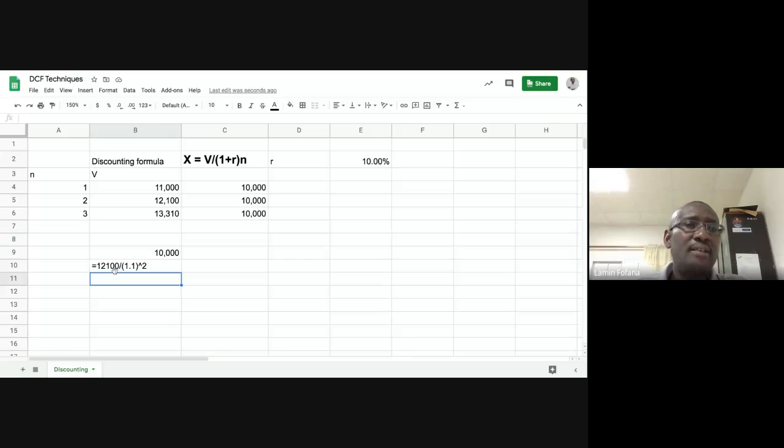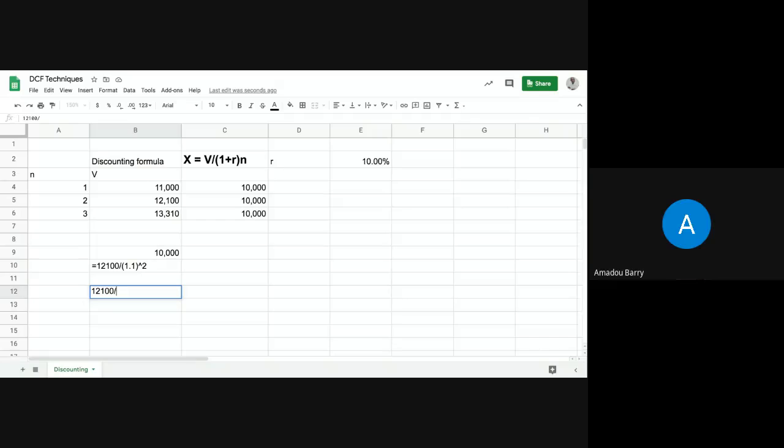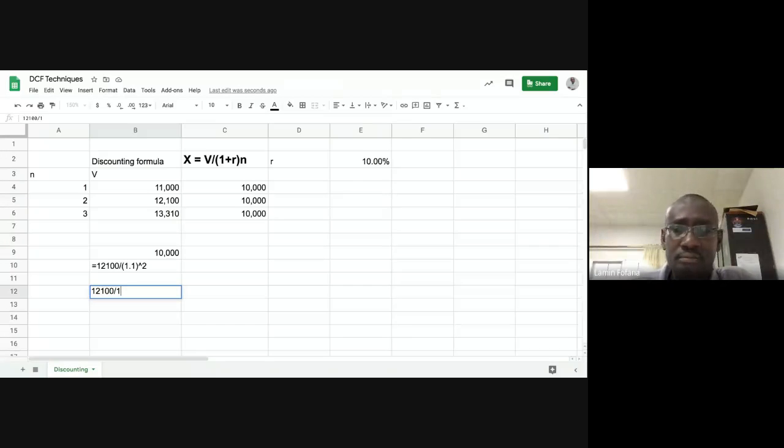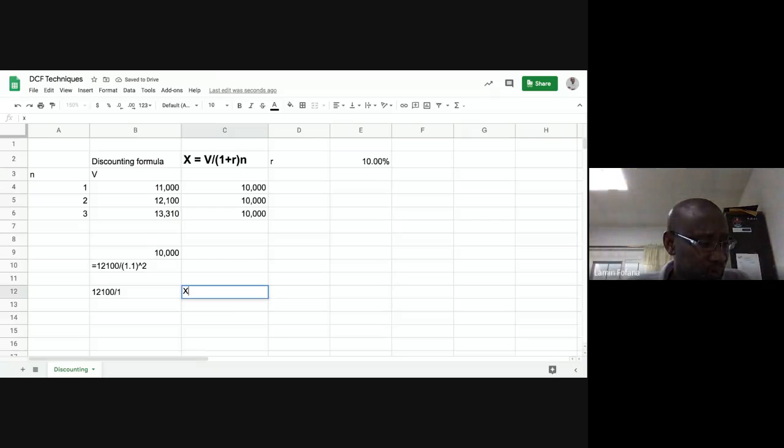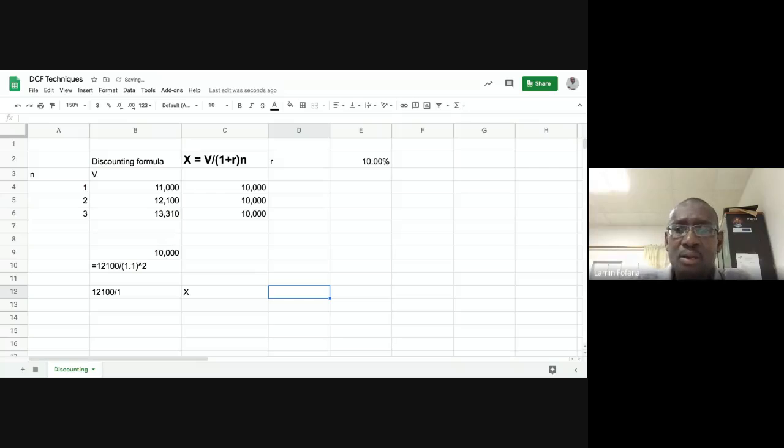This 12,100, is it not the same as 12,100 divided by 1, multiplied by 1 divided by 1.1 raised to power 2?